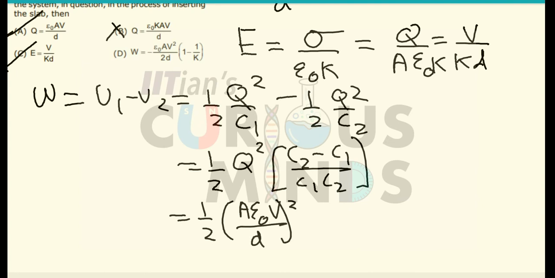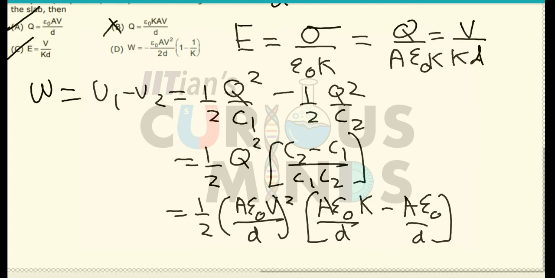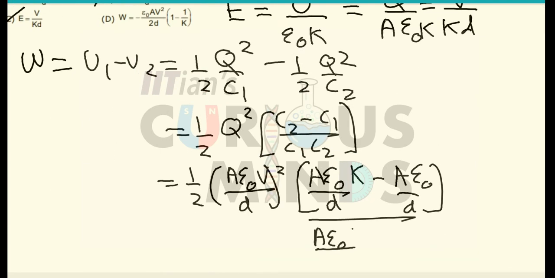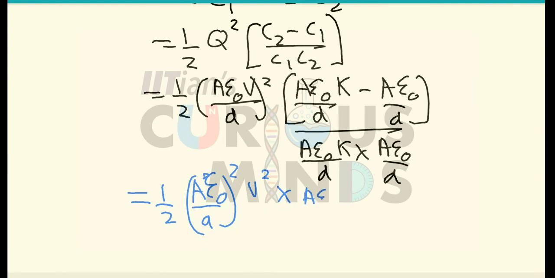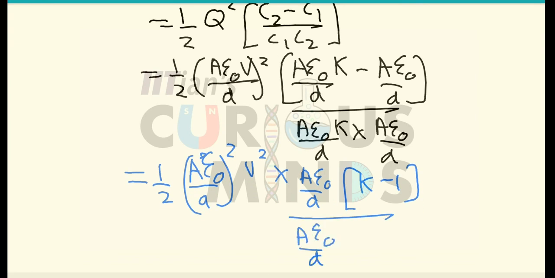Now C2 is equal to A epsilon naught K divided by D and C1 is equal to A epsilon naught by D. If I take A epsilon naught by D common, I can write this as A epsilon naught by D the whole square into V square into K minus 1, divided by A epsilon naught by D the whole square into K.